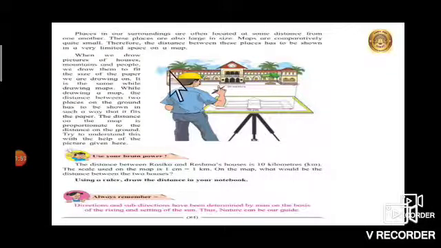Moving ahead, places in our surroundings are often located at some distances from one another. These places are also large in size. Maps are comparatively quite small. Therefore, the distance between these places has to be shown in a very limited space on a map.